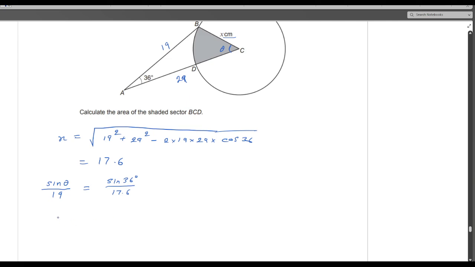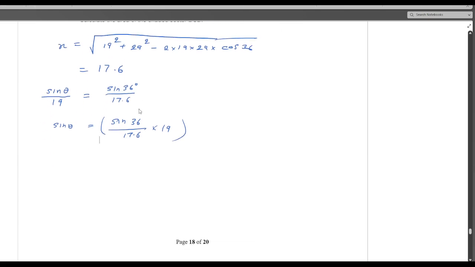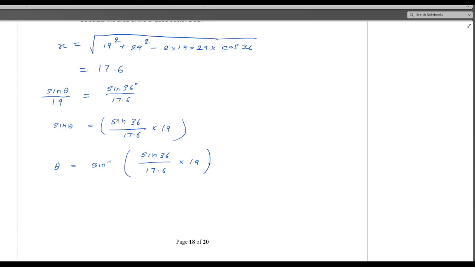So this gives me the value of sine theta as sine 36 divided by 17.6 multiplied by 19. This is your sine theta, and hence theta will be sine inverse of sine 36 divided by 17.6 times 19.